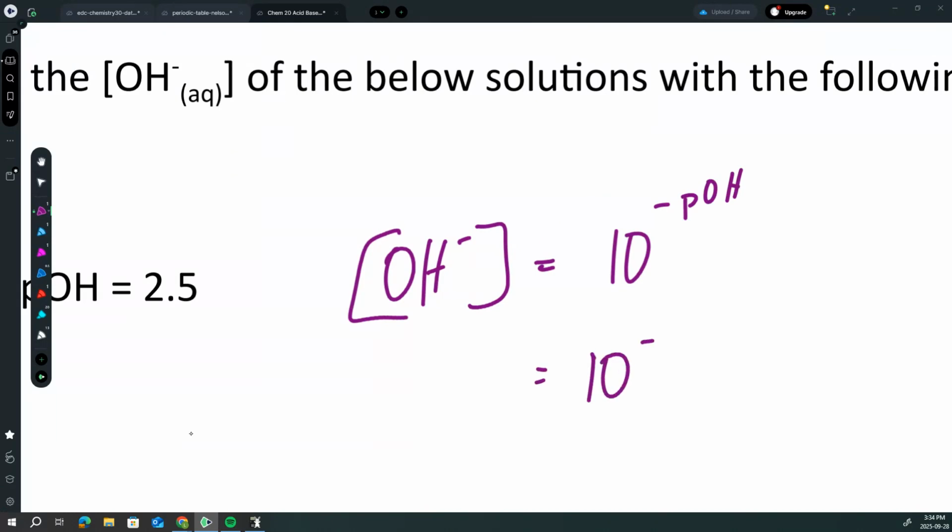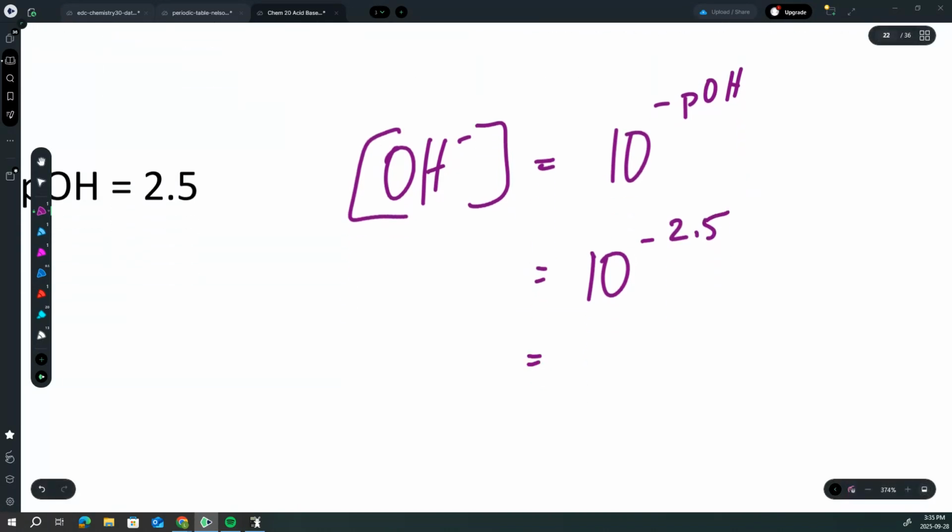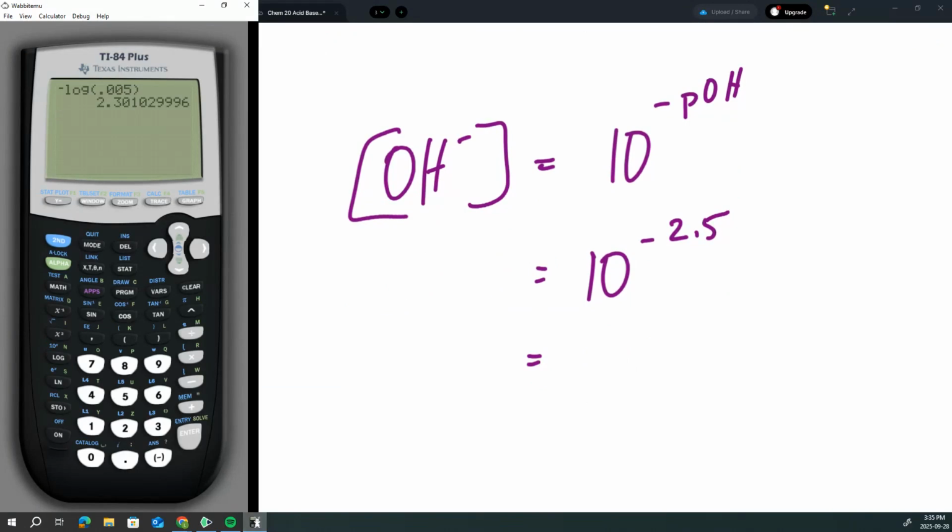Now we plug in our numbers, so 10 to the power of negative 2.5, which if I plug that into my calculator, I go second function log to get 10 to the power of negative 2.5, hit enter, and we get 0.003162, and it goes on forever.